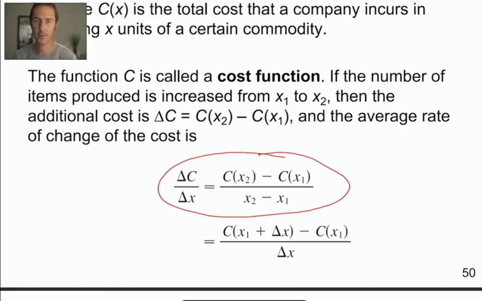If it's not x values, it's t values. It's not y values, it's position values or mass values. Here it's a cost value, and cost is what we're looking at in the numerator of this difference quotient. And in the denominator, the x values represent the number of items produced.